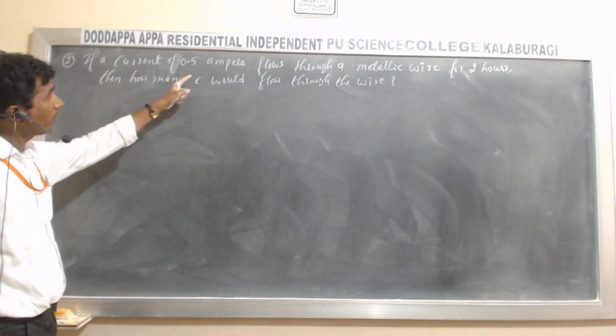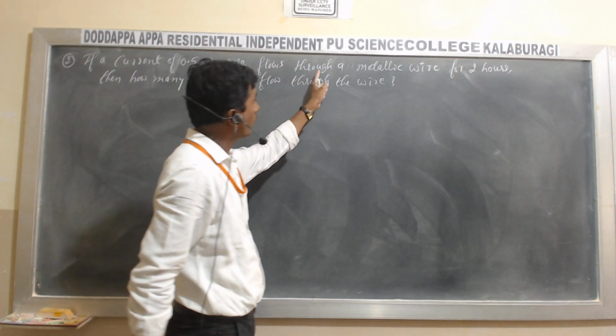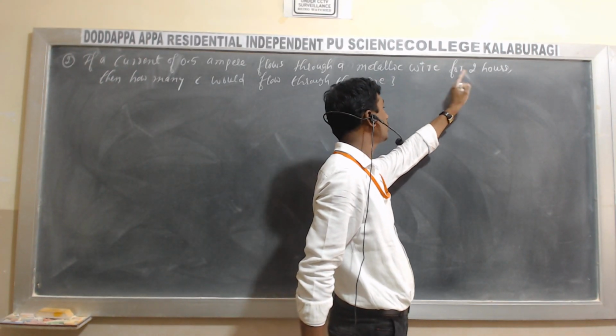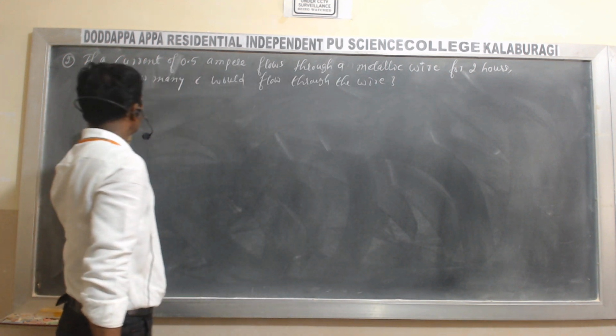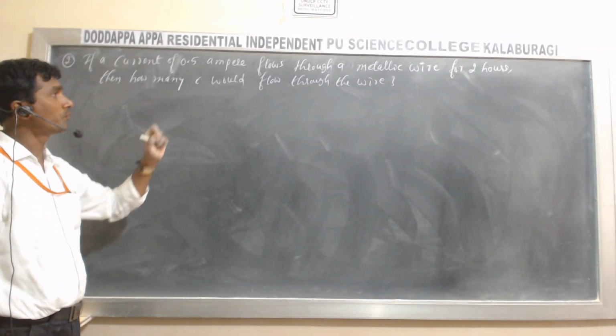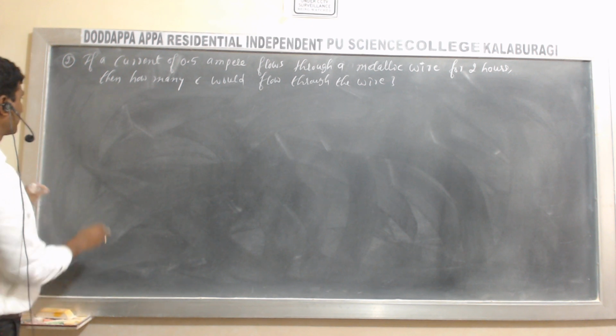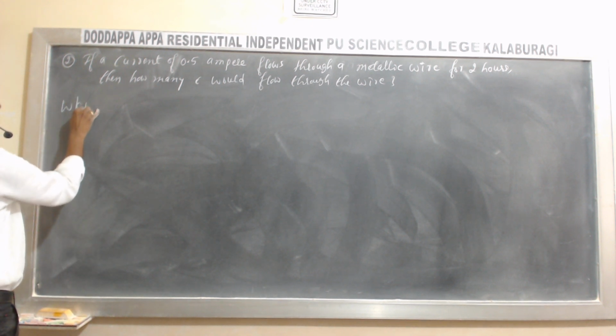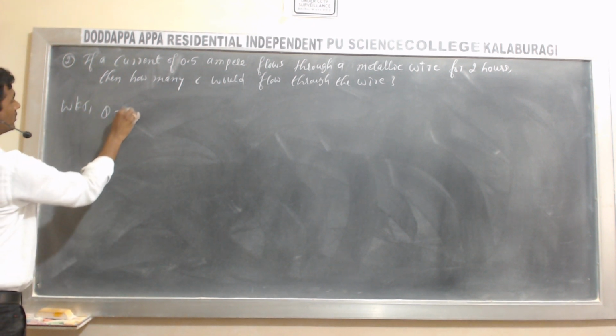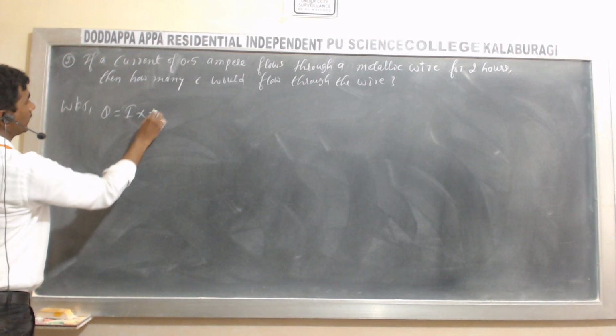If a current of 0.5 ampere flows through a metallic wire for 2 hours, then how many electrons would flow through the wire? Same as before, we know that Q is equal to current into time.